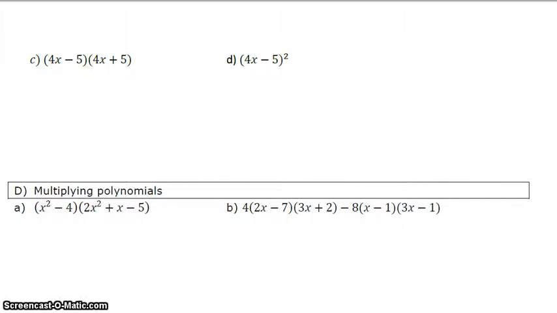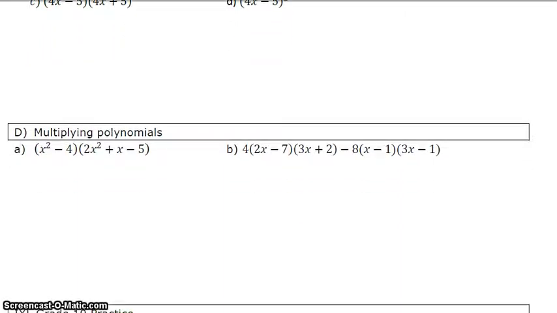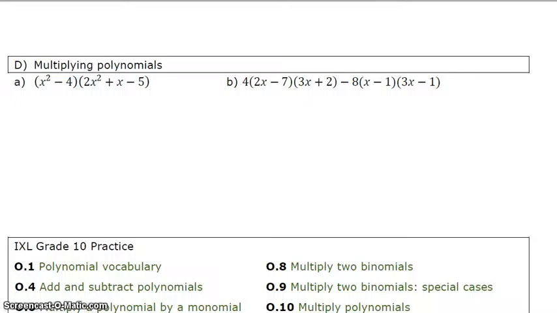Now, last part: multiplying polynomials. It's the same deal. It just gets more complicated, but nothing new. So how can you multiply a binomial with a trinomial? Well, the rule is you just need to multiply every term with every term in the other expression.